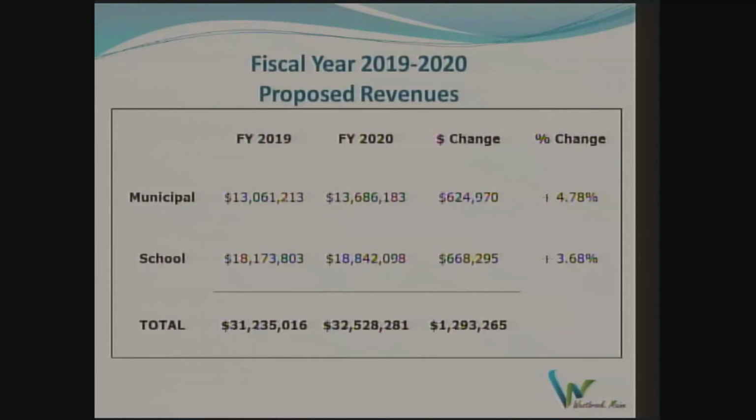The municipal revenues of $13,686,000 are up essentially $625,000, or nearly 4.8%. School revenues of $18,842,000 are up $668,000, or 3.68%.